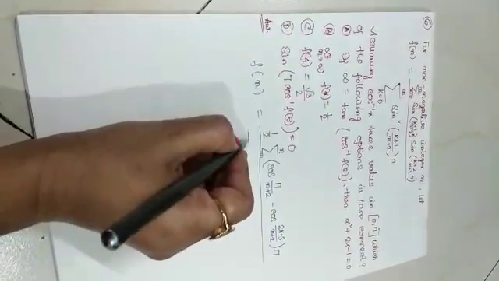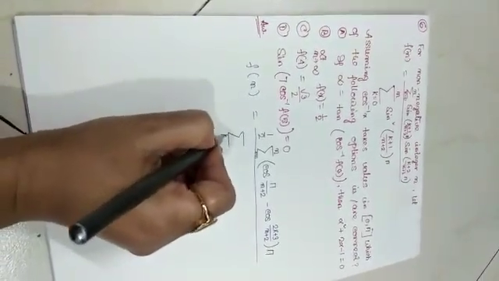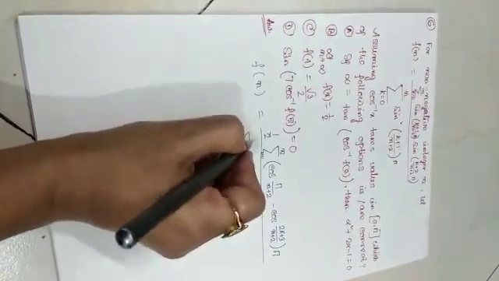Denominator, this one, summation k equals 0 to n.